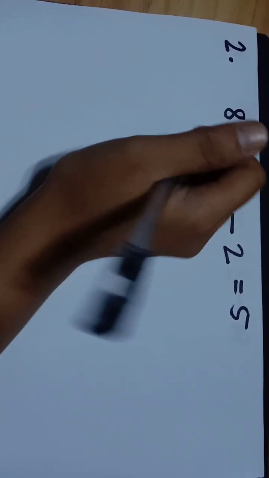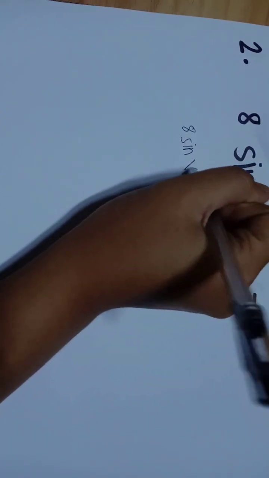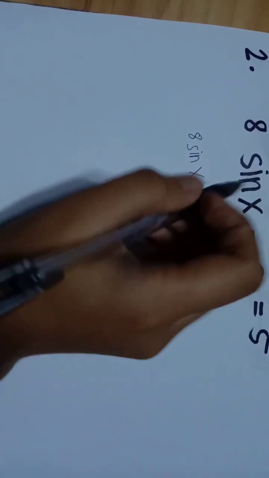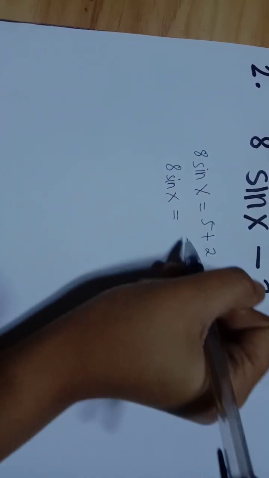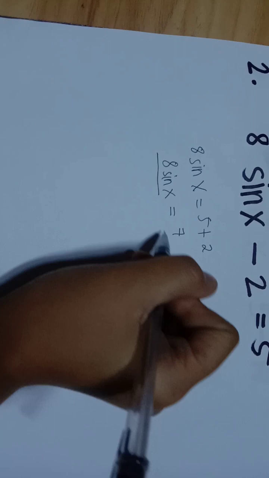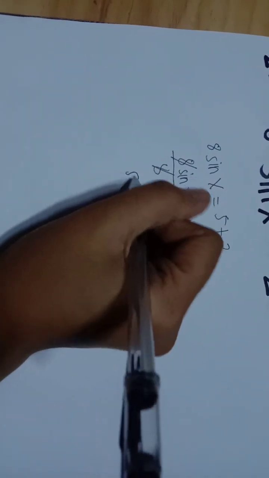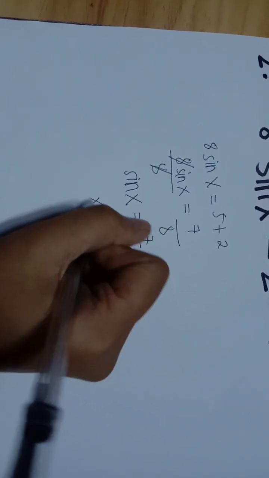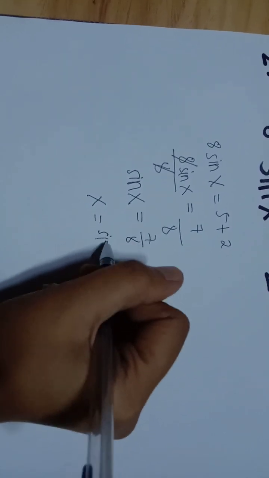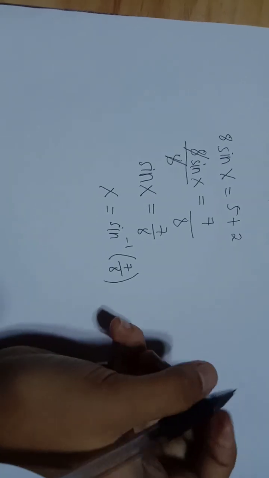Let's see if you get the correct answer. 8 sine x equals 5 plus 2, so 8 sine x equals 7. Divide both sides by 8. Cancel out, then sine x equals 7 over 8. x is equal to arc sine of 7 over 8.